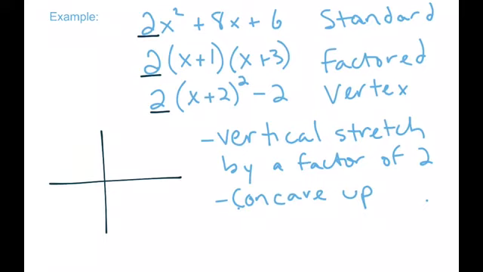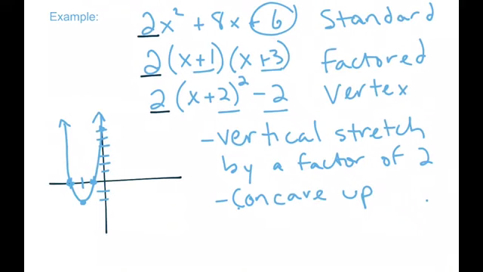And so our graph is actually going to look like we have a vertex at negative 2, negative 2. We have x-intercepts at negative 1 and negative 3. And we have a y-intercept at positive 6. So it is steeper than our parent function, and it is concave up, and I get that all from the a value of 2. So be sure that you are comfortable with all of this information.